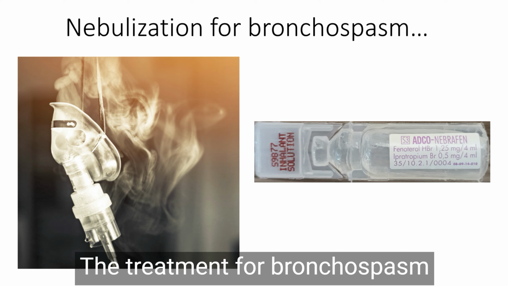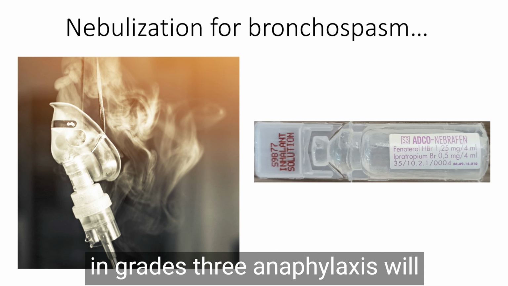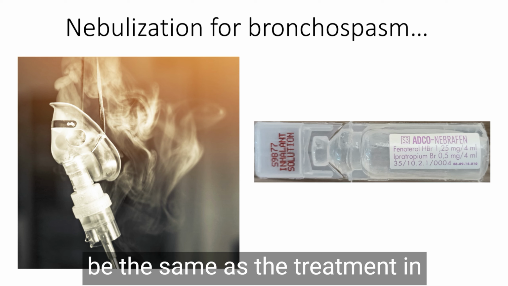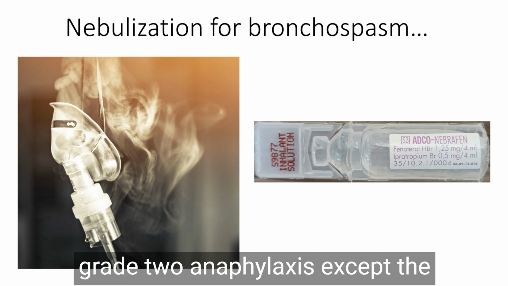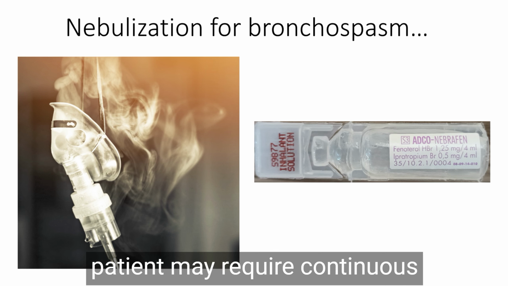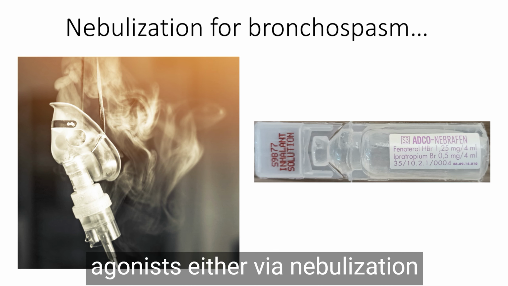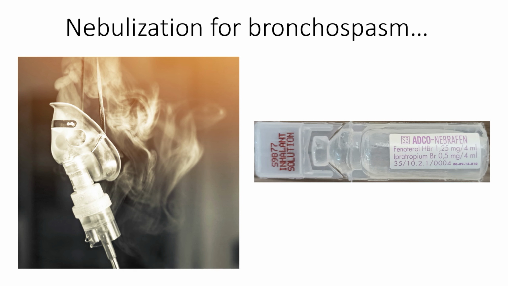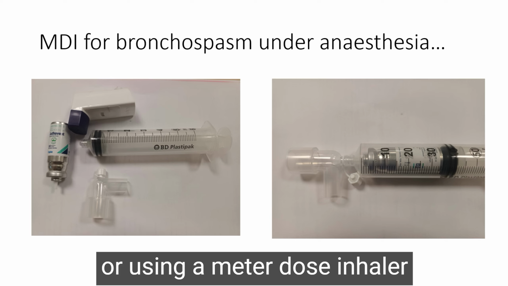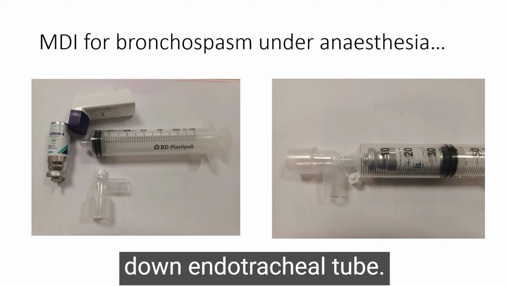The treatment for bronchospasm in grade 3 anaphylaxis will be the same as the treatment in grade 2 anaphylaxis, except the patient may require continuous doses of rapid-acting beta-2 agonists, either via nebulization or using a metered-dose inhaler down the endotracheal tube.